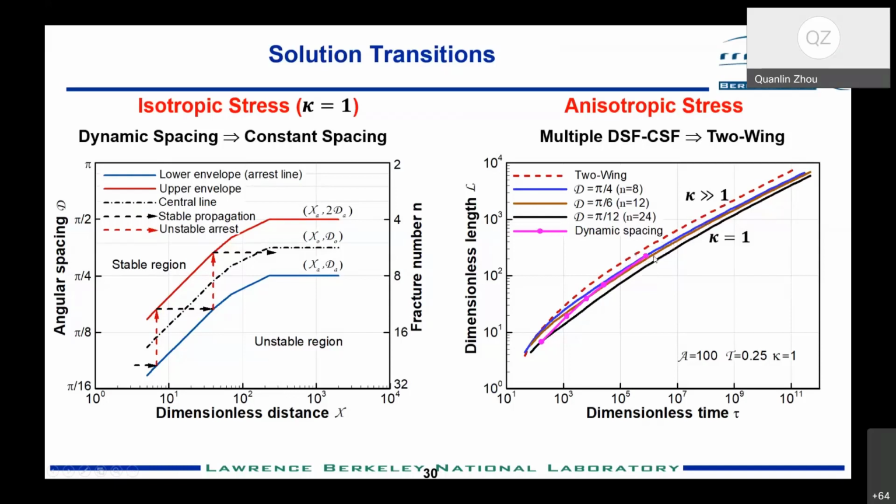That's a combined solution for the isotropic case. But for any anisotropic case, this solution should be bounded by the two-wing solution and this combined isotropic solution. That is the concept for longitudinal thermal fractures along vertical wellbores.